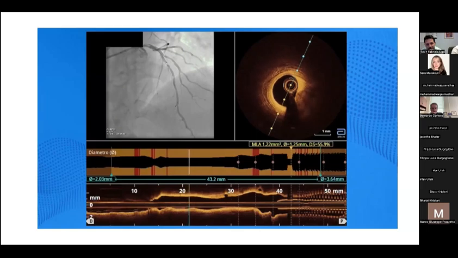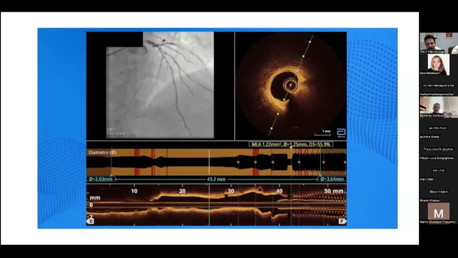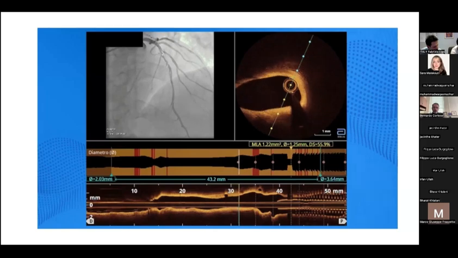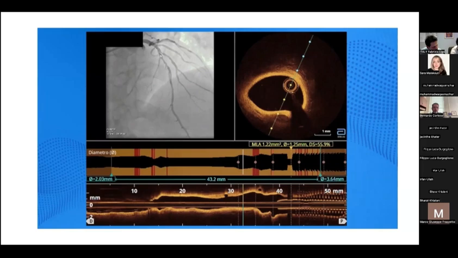Another thing, what about this value? This is less than 0.70. Normally, when we are considering the FFR, a value less than 0.80 we consider a significant FFR result, and we opt for PCI. But in this case, as you see, this value is less than 0.70, it is significant and I revascularized both.